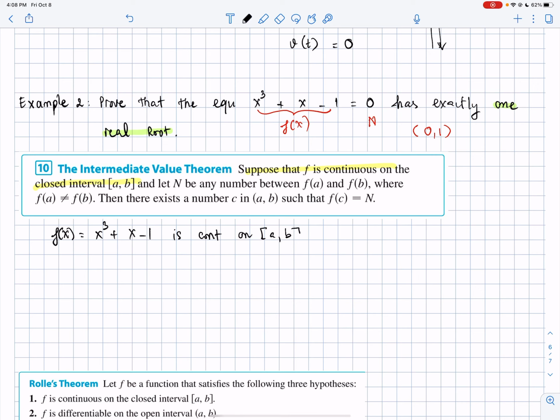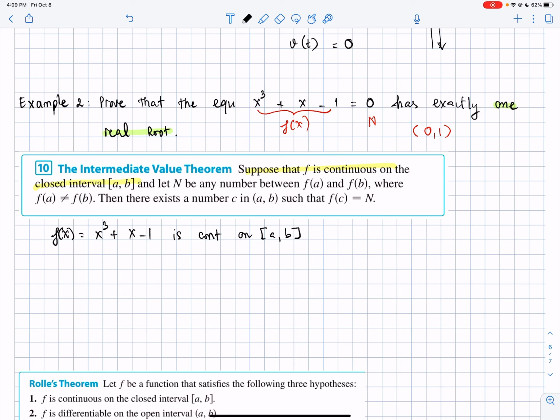This is true, right? Because f of x is a polynomial, so it is continuous on the whole number line. So [a, b] is a part of it. So of course, f of x will be continuous on the closed interval [a, b]. And then we let n be between f of a and f of b.